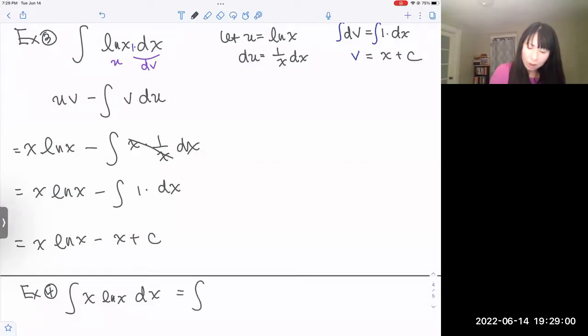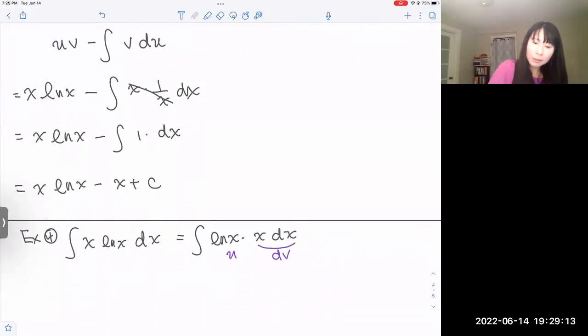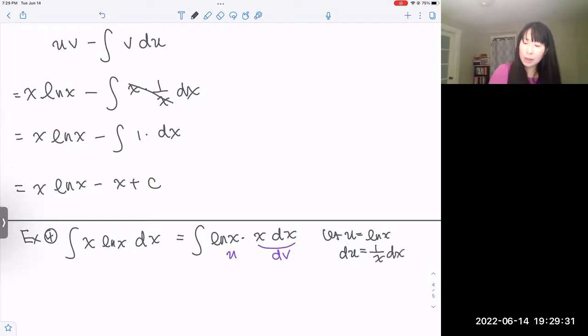Then we can just rewrite, but be careful when you rewrite, right? So this will be u, and this will be dv. All right, then let u equal ln x, du the derivative of ln x. What do you have? 1 over x dx. Excellent.